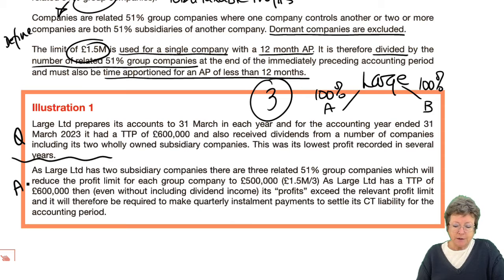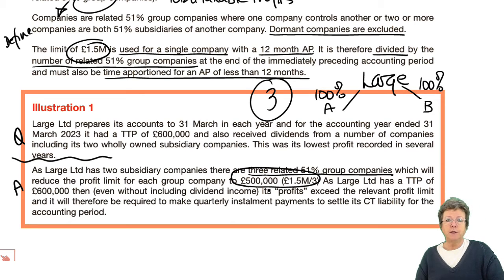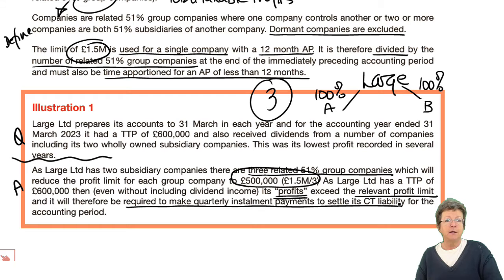As Large Limited has 2 subsidiary companies, there are 3 related 51% group companies, which will reduce the limit, so each of them £500,000. As Large has a TTP of 600,000, then without including any dividends, its profits exceed the limit, and it will therefore be required to make quarterly payments to settle its corporation tax liability.